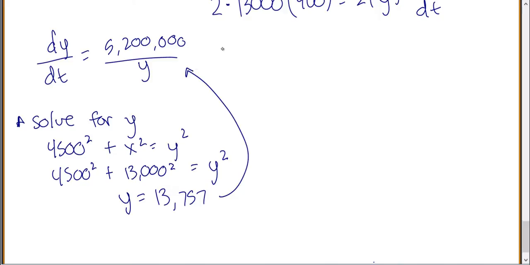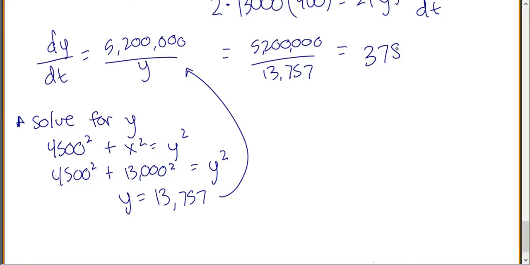Now let's plug that in up there. So this is going to equal 5,200,000 over 13,757, which is 378. And this would again be feet per second.